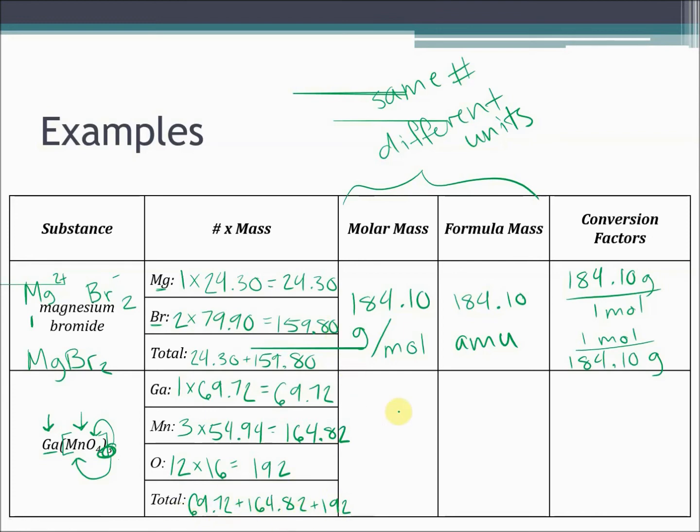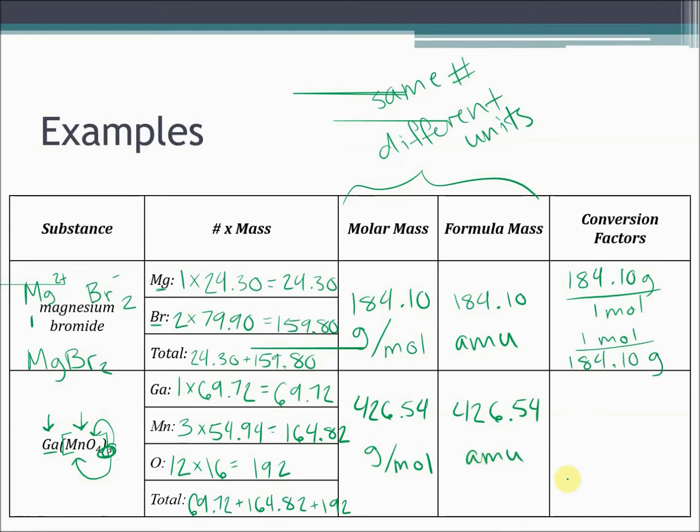And plugging that in, you should get 426.54. And again, that number represents both of our masses. The only difference is the units. Molar mass will always have units of grams per mole, and formula mass will always have units of AMU.